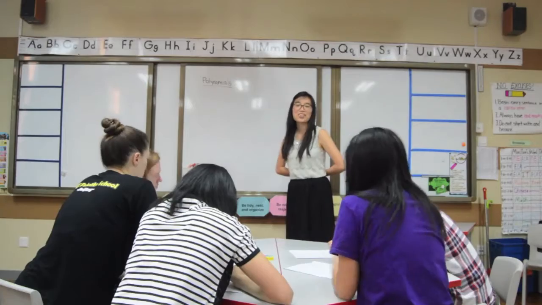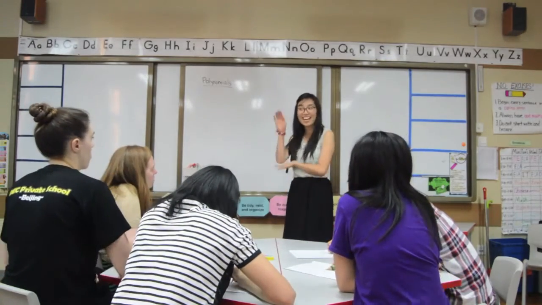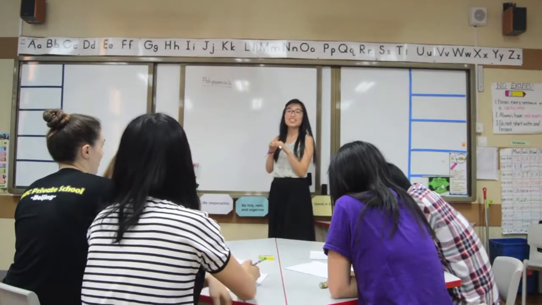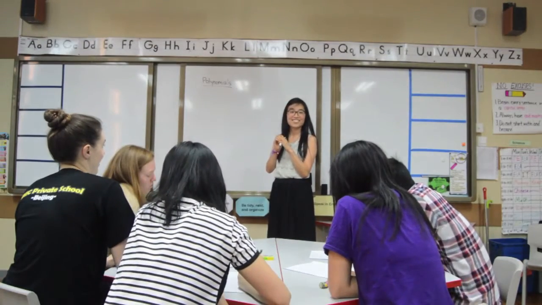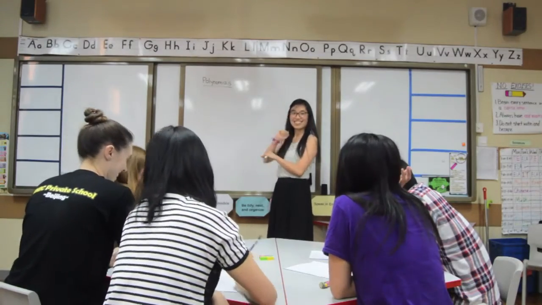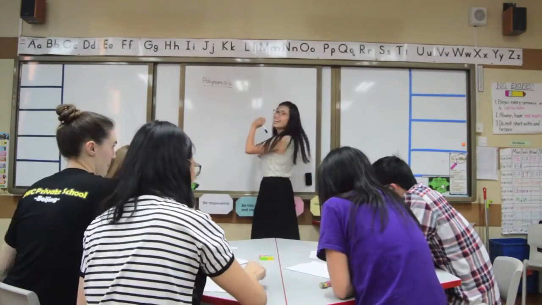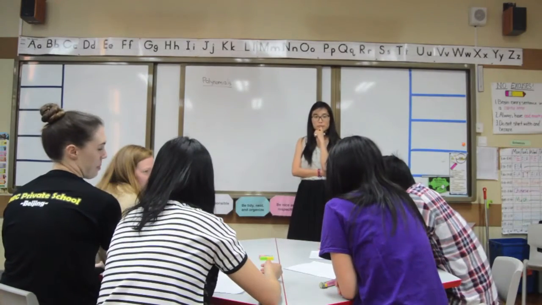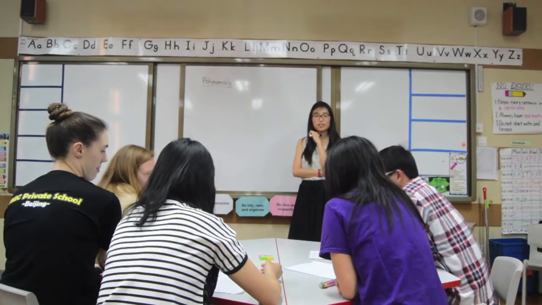Okay, I'm going to stop you. So if you guys can raise your hand to tell me, what did you notice about polynomials? Some of the things that you guys talked about. Yes, Anna? One of my classmates said that polynomials don't have negative exponents.